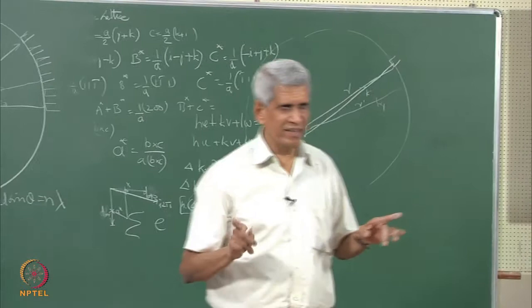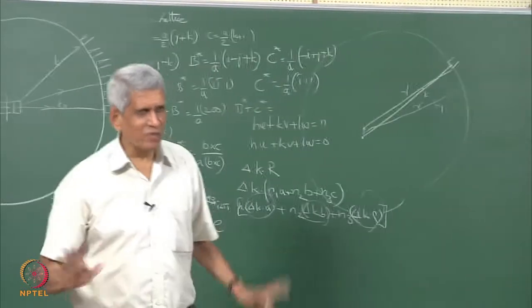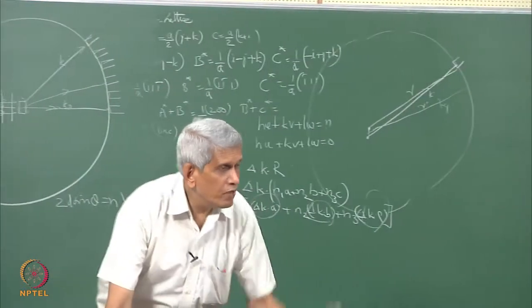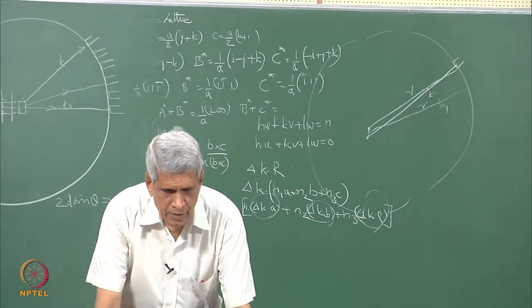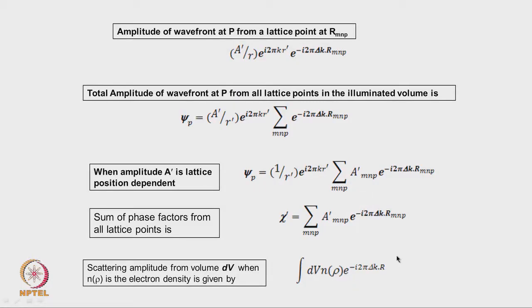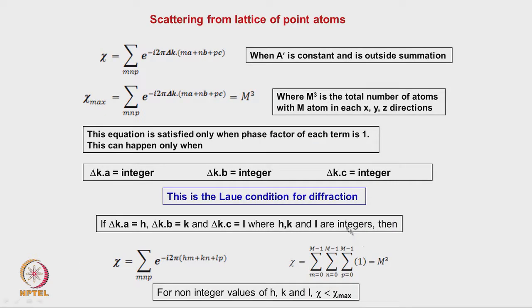Is it clear? That is what has to happen. When that happens, the scattering from all the atoms adds together, they are in phase, and then we will get a maximum intensity.